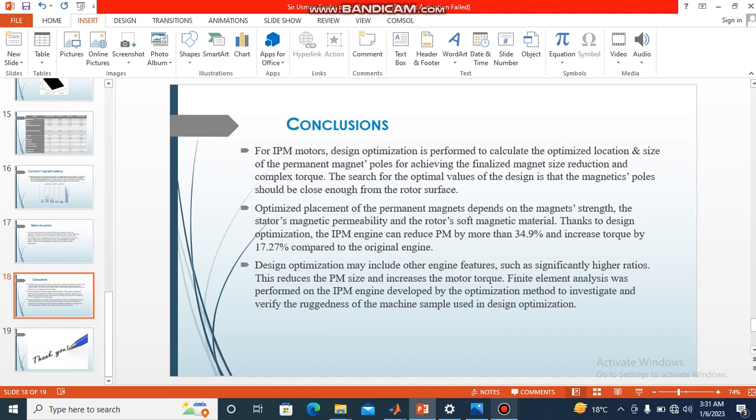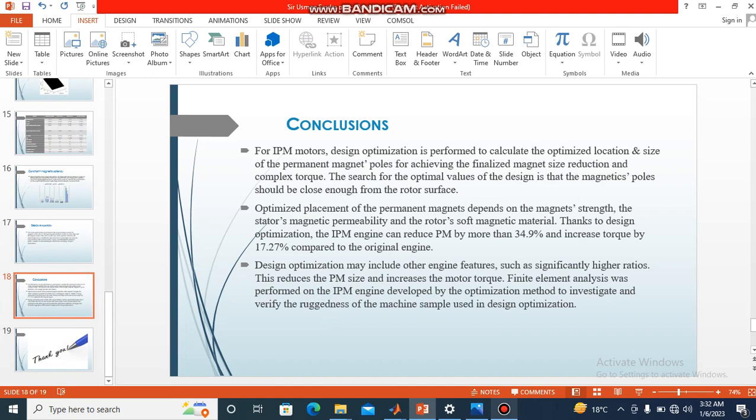Next, conclusion. For the IPM motor, design optimization is performed to calculate the optimized location and size of the permanent magnet poles for achieving magnet size reduction and increased torque. The search for the optimal value of the design shows that the magnetic poles should be close enough to the rotor surface.